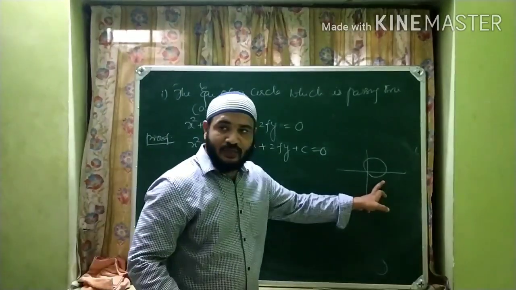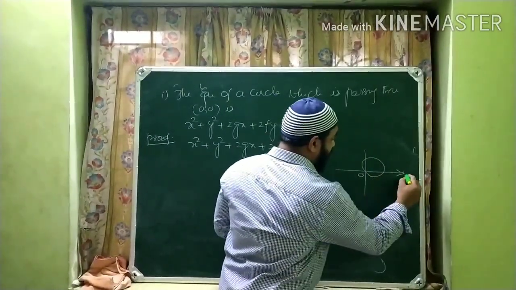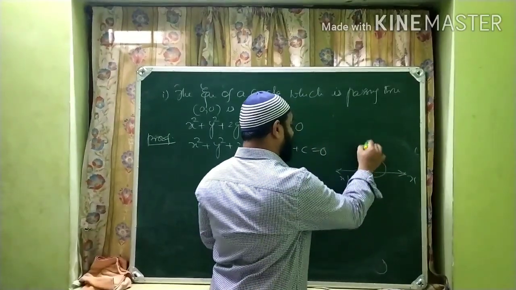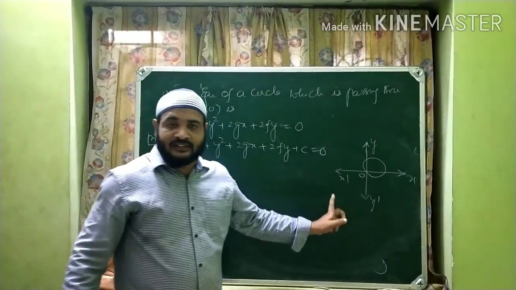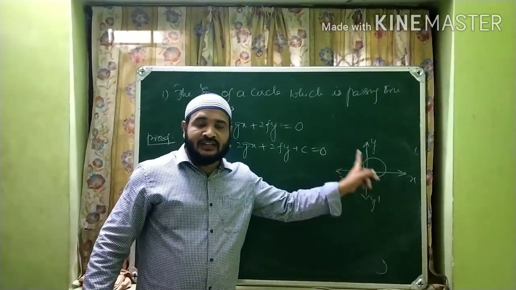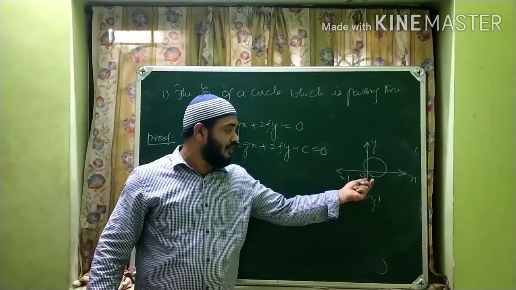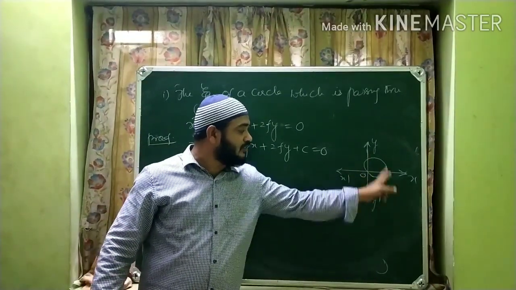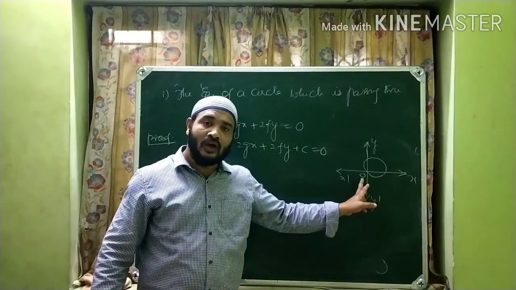That means, see this. So this circle is passing through the origin. Whenever a circle is passing through the origin, it has to pass through 0 0.